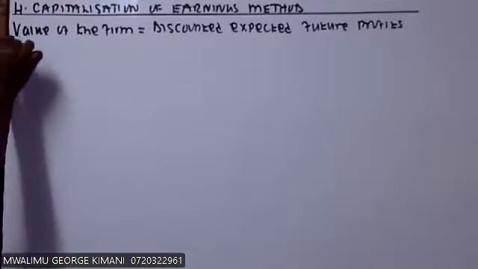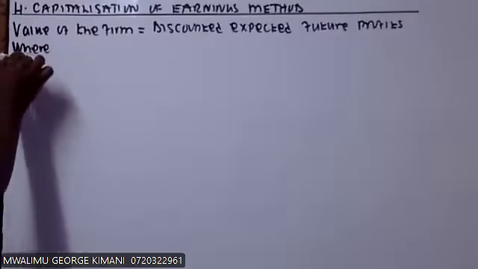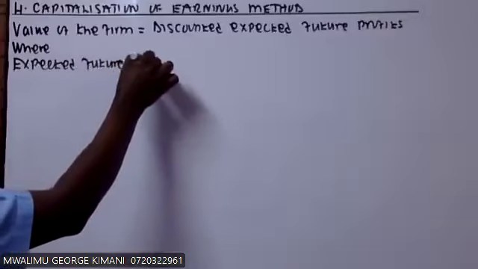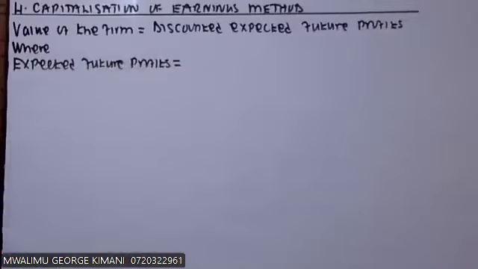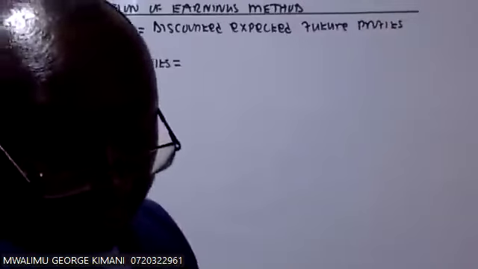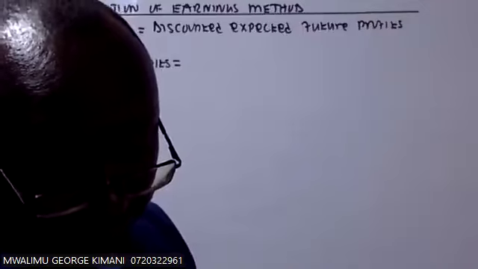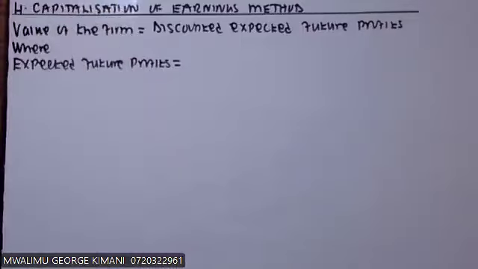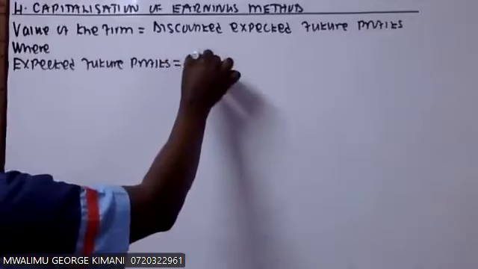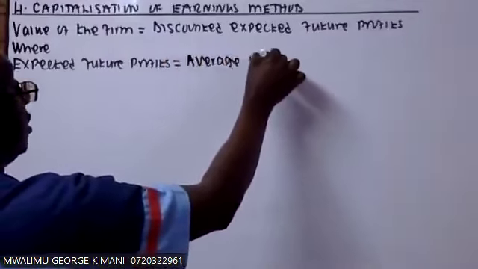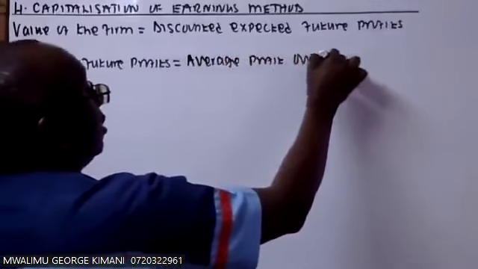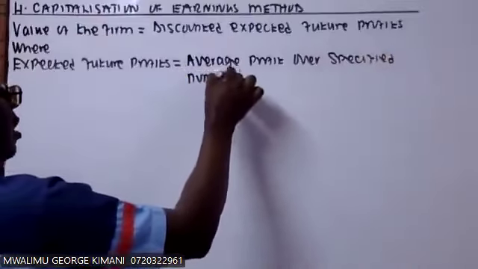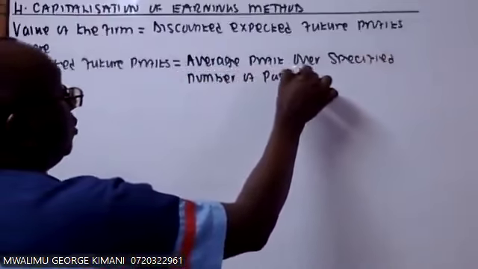Where expected future profits is given as average profit over a specified number of past periods.